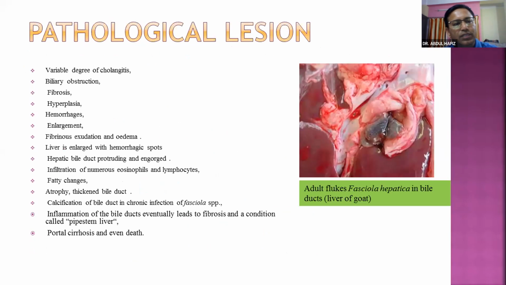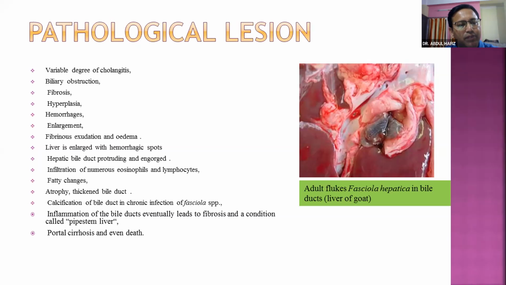Now the pathogenic lesions. If we see the postmortem in the liver, in cholangitis, that means in the liver, gallbladder, and bile duct, Fasciola is commonly seen. These are the common pathological lesions: fibrosis, biliary obstruction due to fasciolosis, cholangitis, that means bile duct inflammation, and hemorrhage.